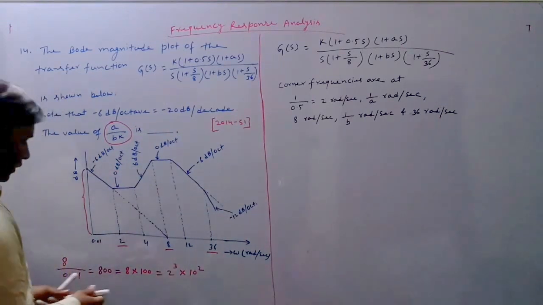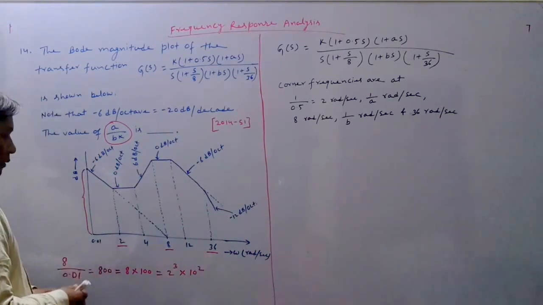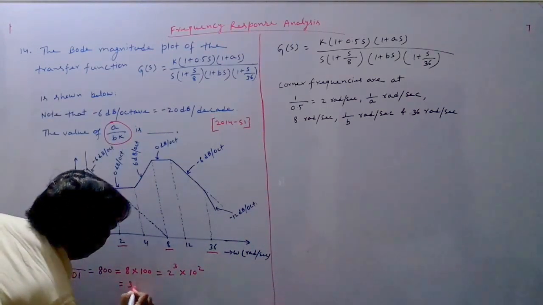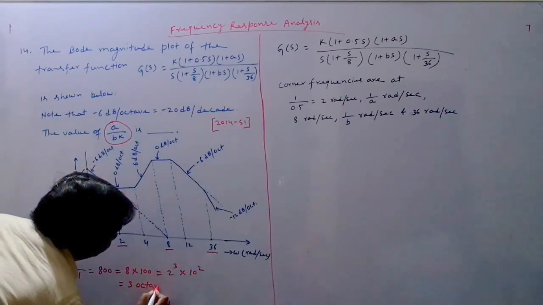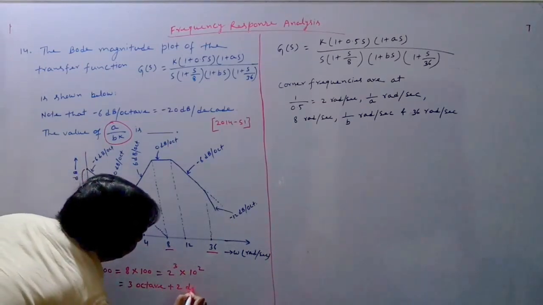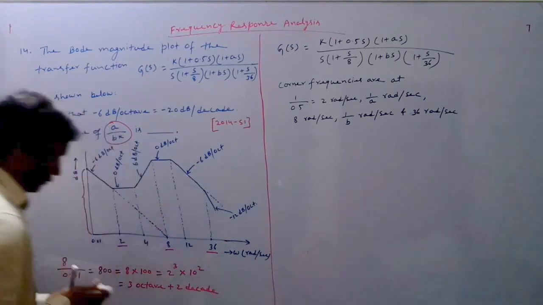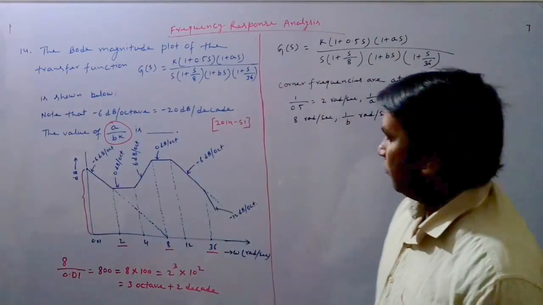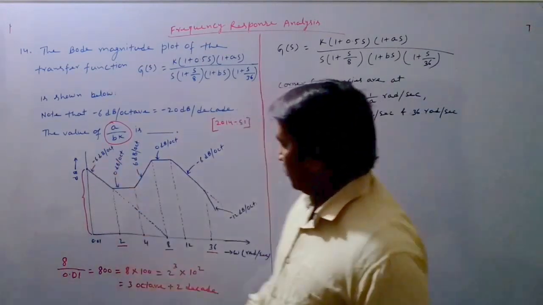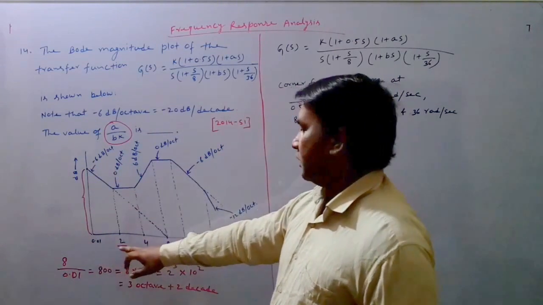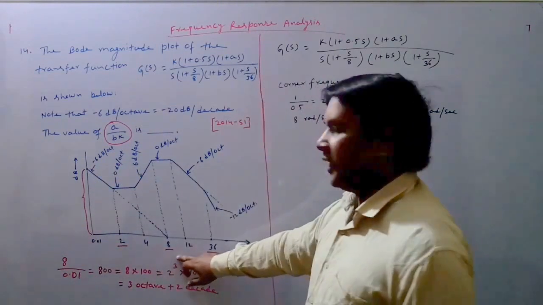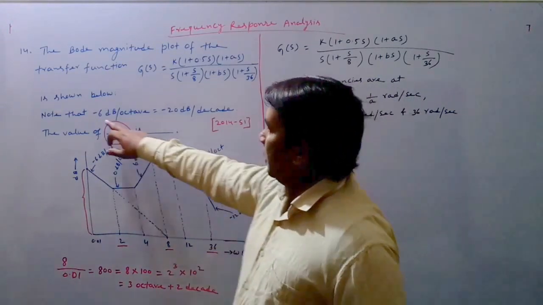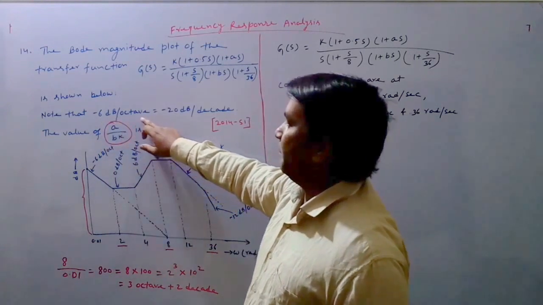So we can write it as equal to 3 octaves plus 2 decades. Now what should be the value of this one, if the distance from 0.01 to 8 is 3 octaves plus 2 decades?